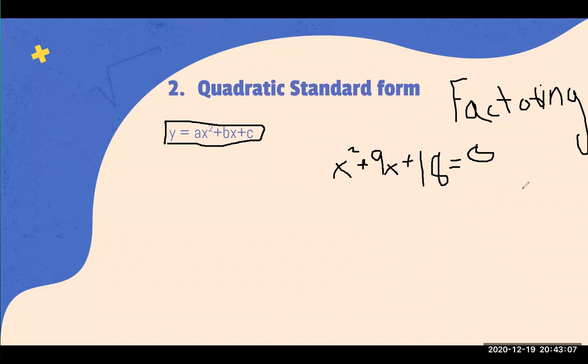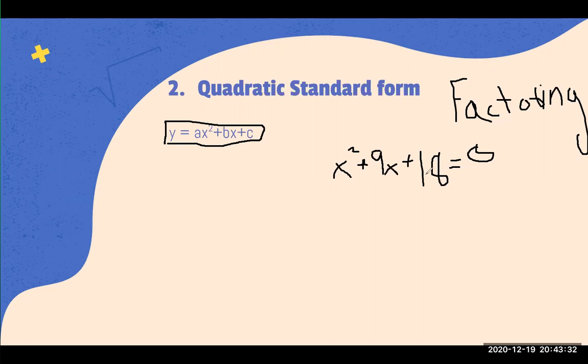It's pretty hard to explain, so I'll just show you how to do it. Since this is equal to 0, we don't need to add anything onto this side. How we can factor this is we have to think of two numbers that multiply to equal this and add up to equal this. So we have to think of factors of this number that add up to this.